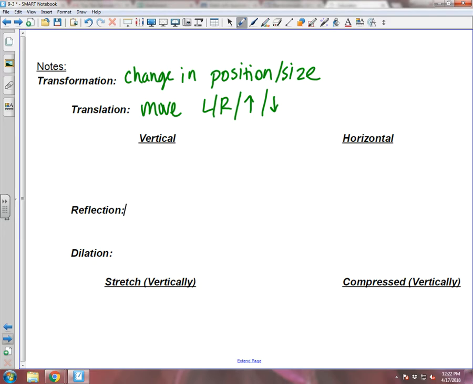If a parabola is going to be moved vertically, that means that you'll have your squared part, and then you'll have some number on the end that's being added. That's going to mean it's going to be moved up. If you have some number on the end that's being subtracted, that means it's going to be moved down.